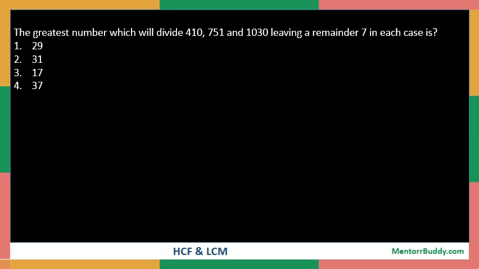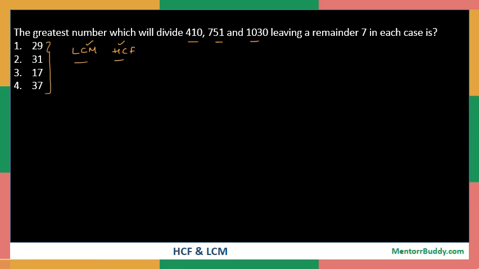First thing with a question based on HCF and LCM is you need to identify whether this question belongs to LCM or to HCF. A very layman method of finding whether it belongs to LCM or HCF is to look at the values in the question, which are 410, 751 and 1030, and then look at the values in the options.